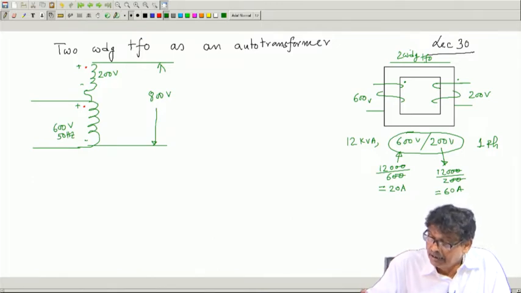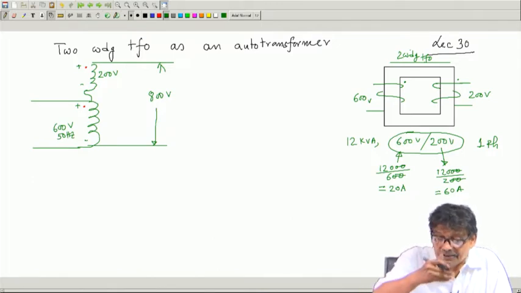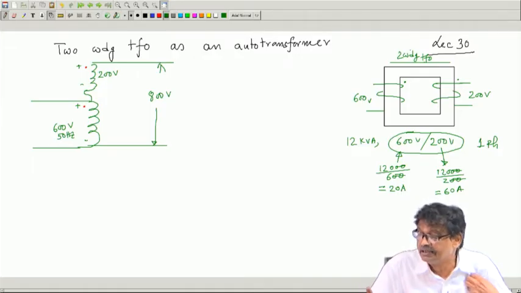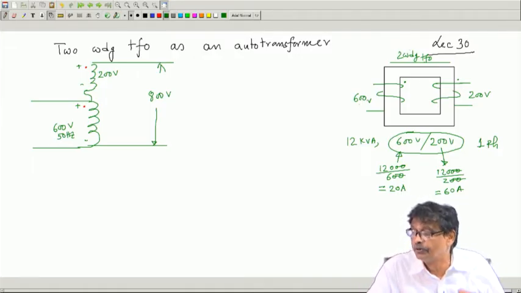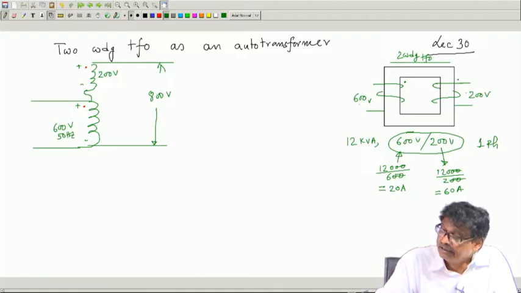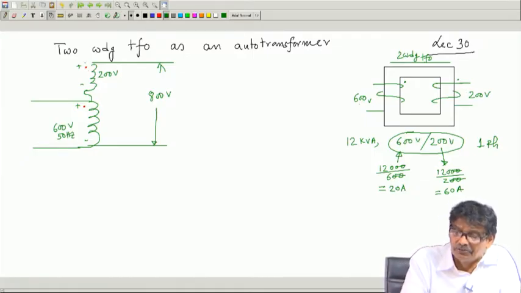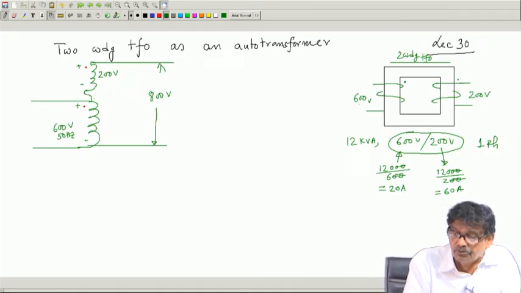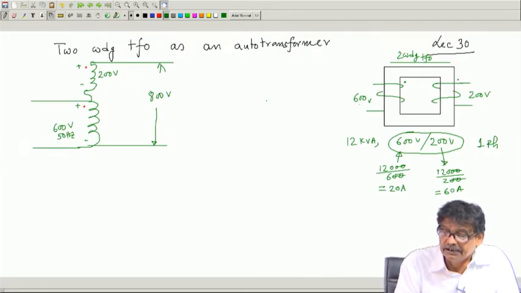Not yet have I connected it with the auto transformer, but I am simply telling that if you apply 600 volt, 200 volt is induced here; these coils I have only drawn in a convenient way so that I understand it much better. So, if you apply 600 volt here, there must be an induced voltage here, connect it here, and you will get 800 volt.